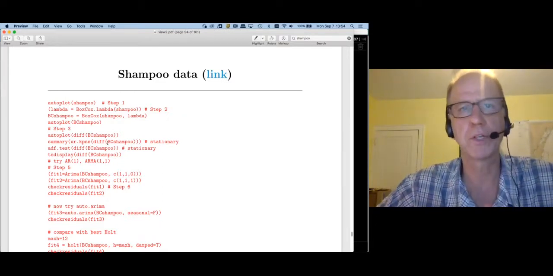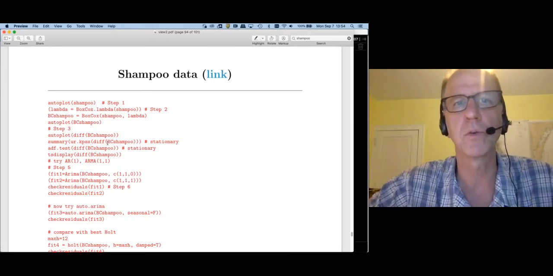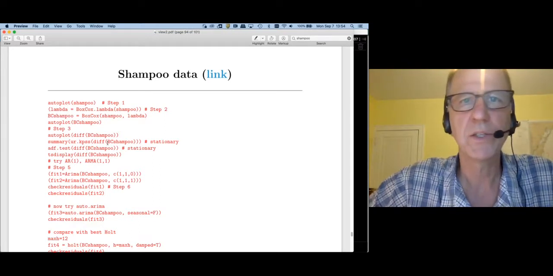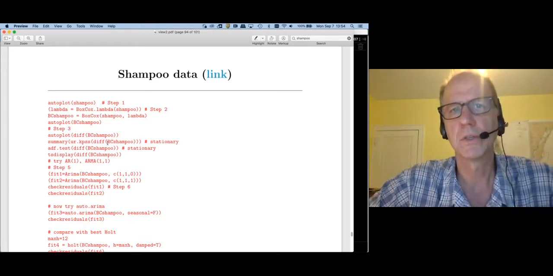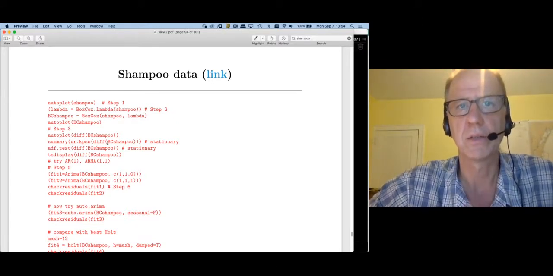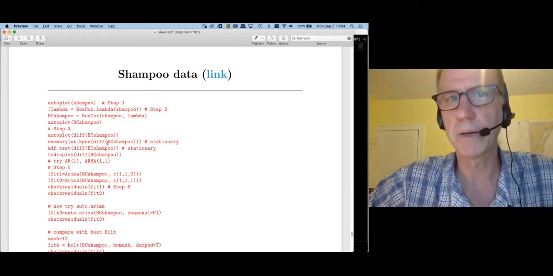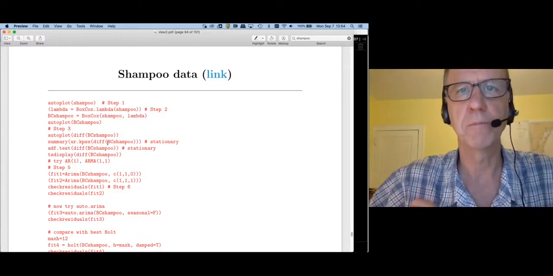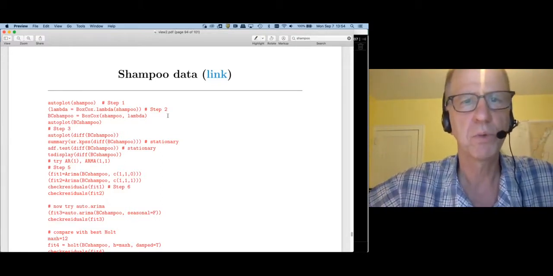It's not like people wash their hair more often in summer than they do in winter. If we were to analyze a category like beer or ice cream, there would be strong seasonal effects, and we would need a model that would capture the seasonality. So either we'd use a Holt Winters model or a seasonal ARIMA model, which we'll cover in my next video. That's why I'm using this Shampoo data set.